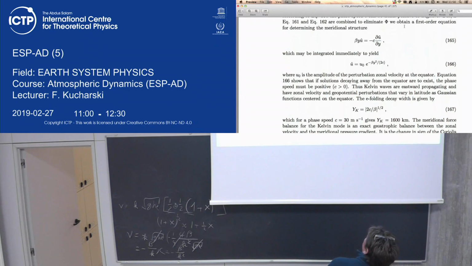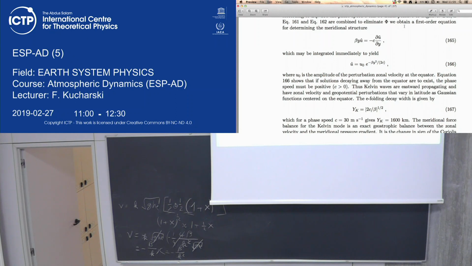Now we do something else. You can show that the e-folding distance, so the distance needed for the exponential to be only 1/e of its initial amplitude, is this number here. If you insert this, it should be equal to 1/e times the initial perturbation. You find that this is the e-folding distance. And now we do a trick.